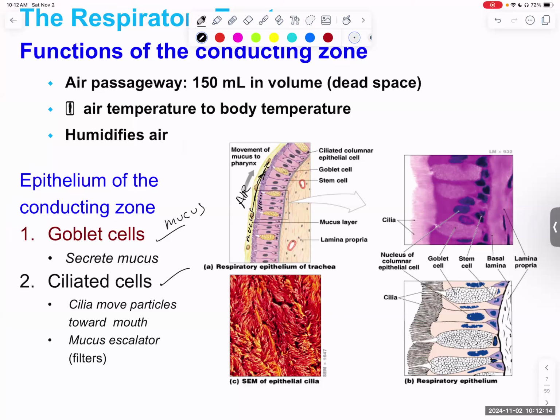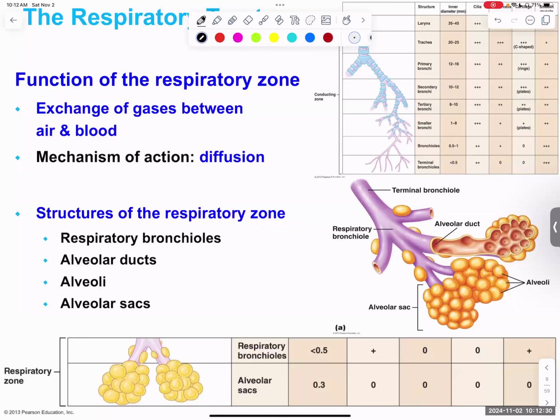It also is going to increase the temperature of that air moving through your respiratory tract, and adds a little bit of water, humidifies it, which is helpful to our respiratory membrane.